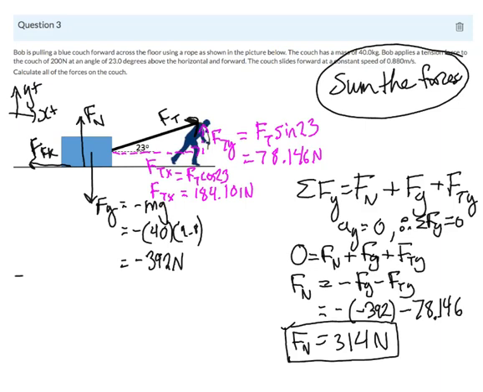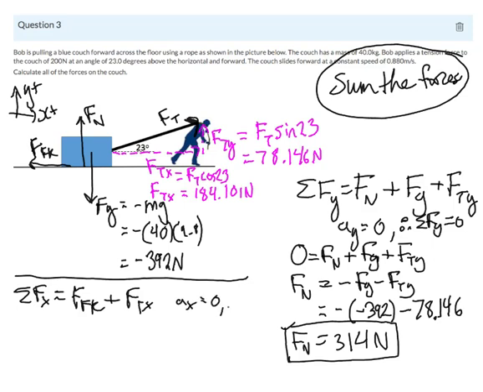Next, we do the same thing in the x direction. So sum up your forces in x. You've got FFK and FTX, and that's actually it. Same idea as before, acceleration in x is 0, so the net force in x is 0. So I can say 0 is equal to FFK plus FTX, and then just move the FTX to the other side, and you'll get FFK on its own.